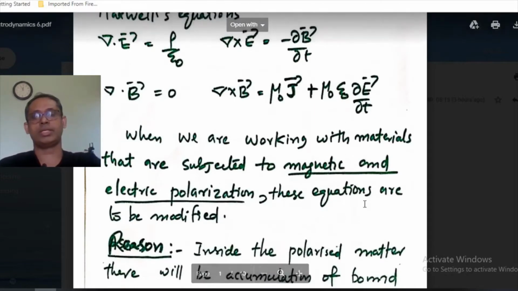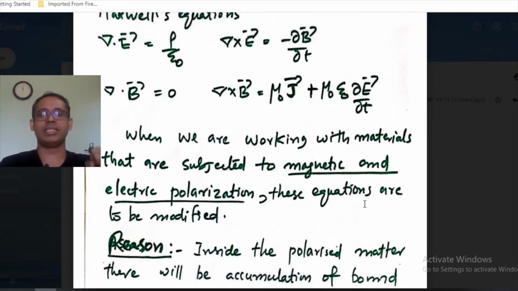Now suppose that we are working with materials that are subjected to magnetization or magnetic polarization and electric polarization. So the material gets magnetically polarized, that is called magnetization, and electrically polarized.